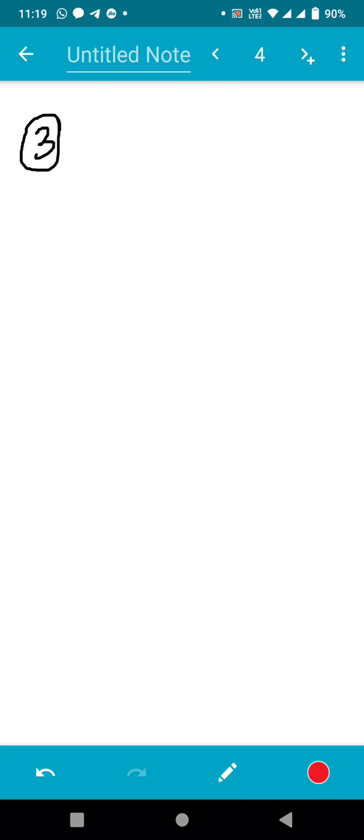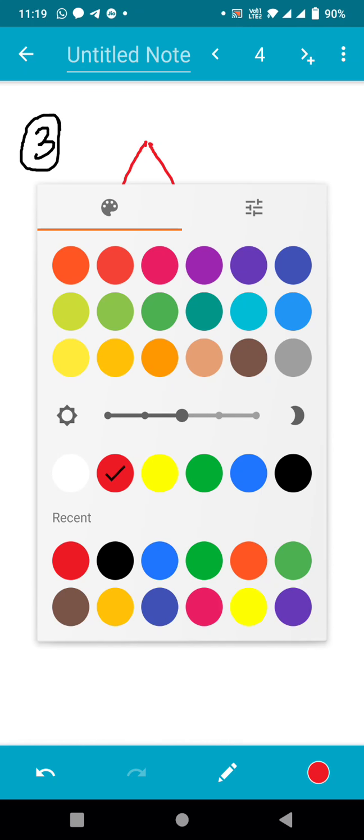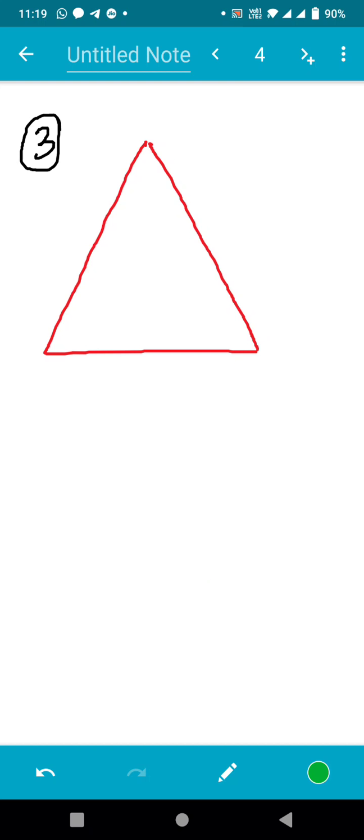So first of all, we have to draw one isosceles triangle. So this is an isosceles triangle. So in isosceles triangle, what is the property? The property is these two sides will be equal to each other, isn't it?